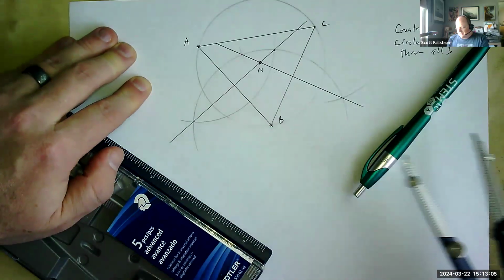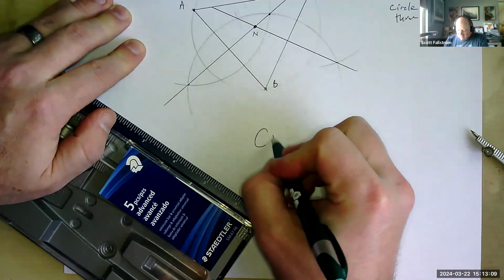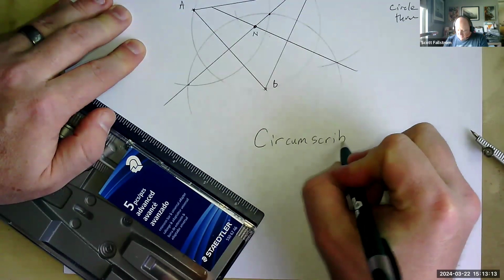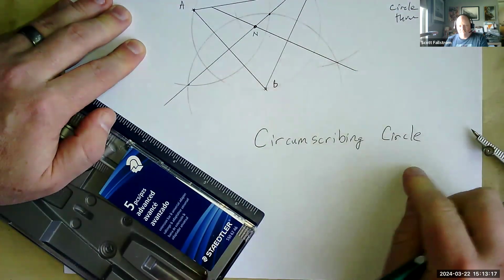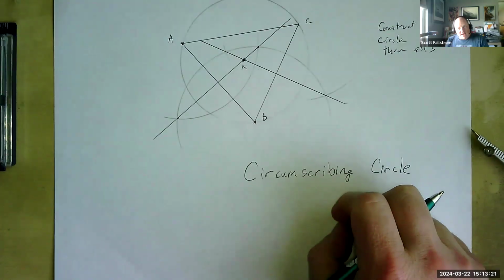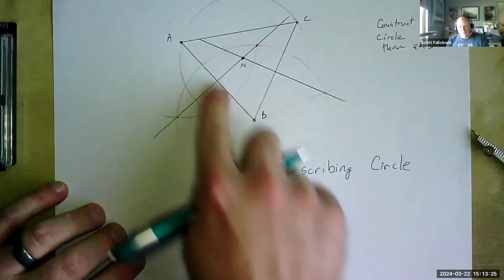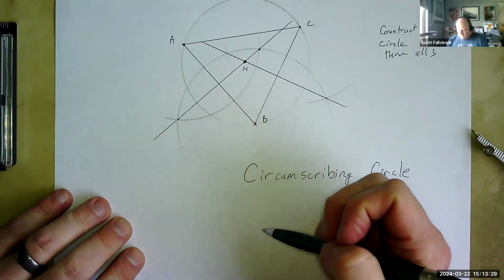So there is a construction. This is known as the circumscribing circle. Now, you can do this for a triangle. You might be able to do it for a quadrilateral or a pentagon. It all depends on whether or not those points all fit on a circle. For a triangle, I guarantee it always will.